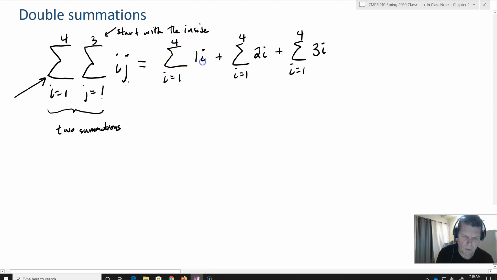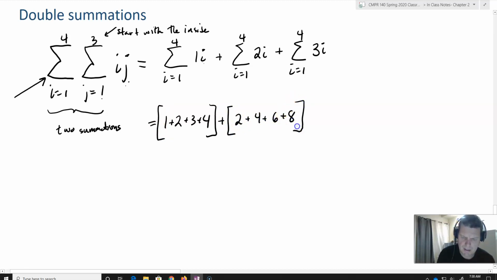The sum i equals 1 up to 4 of i is going to be 1 plus 2 plus 3 plus 4, plus, and then now we're going to take 2 times i, so that's the first summation, plus 2 plus 4 plus 6 plus 8. That's the second summation. And then we have the third summation, which is going to be 3 plus 6 plus 9 plus 12.